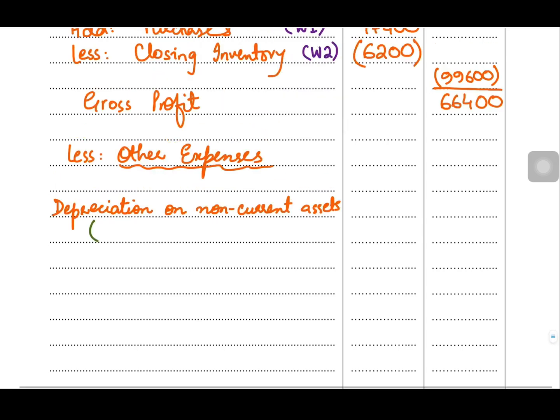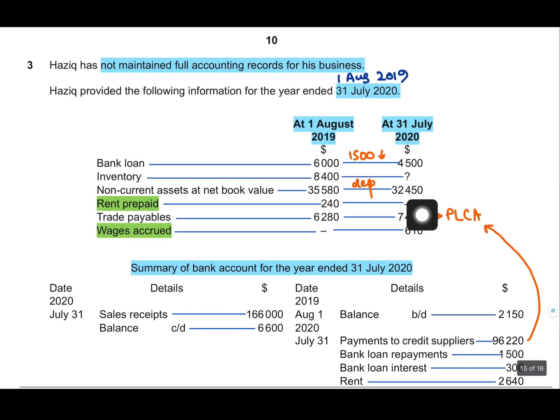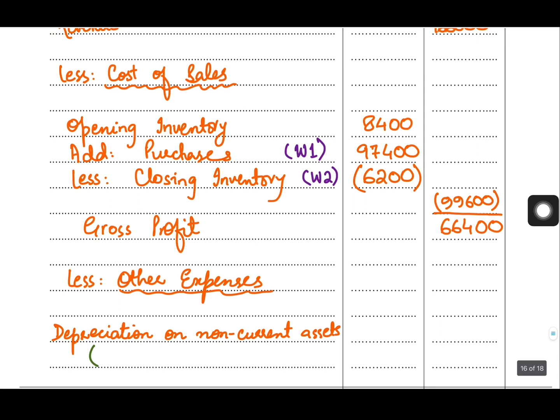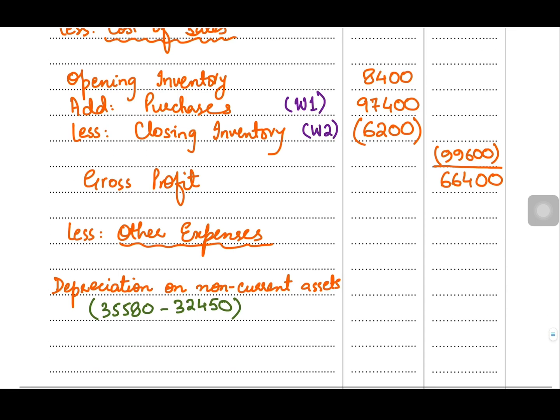And you can show its working below: opening value was 35,580, closing is 32,450. Just show that over here, 35,580 less 32,450, that would give you a depreciation of the difference, of course, which is 3,130.